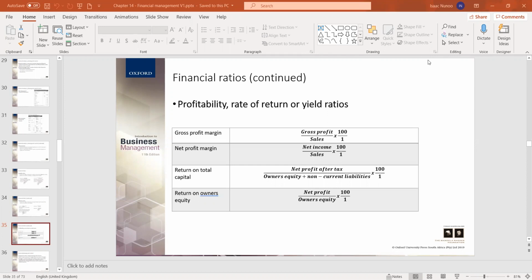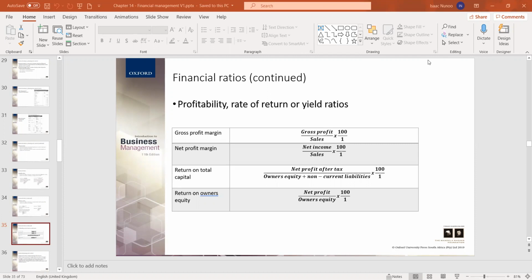So the first one, the gross margin, is the gross profit over sales. This one is the net profit over sales. So just take note of the differences between them. In order to improve profitability, management needs to consider the measures already suggested for improving the gross profit margin and focus on operating expenses.